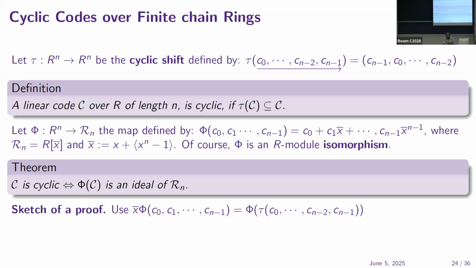Okay. The principal question is: what are the generators, what are the generating sets of the cyclic codes?